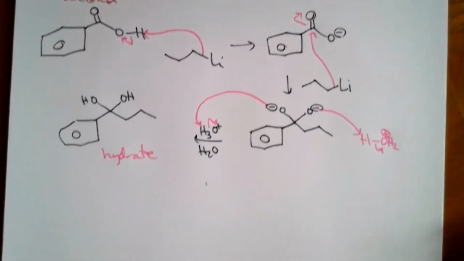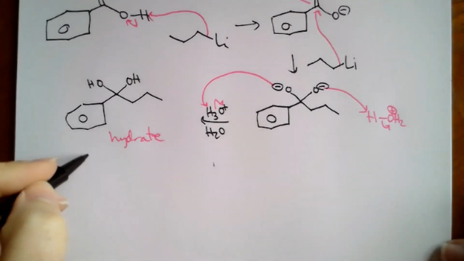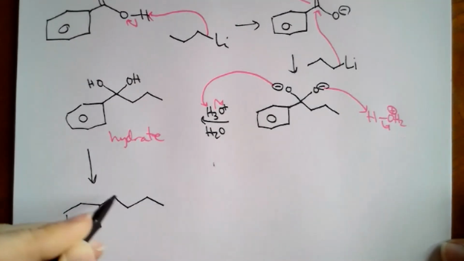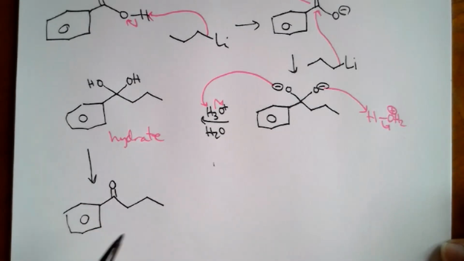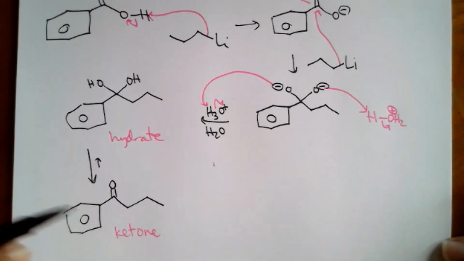Hydrates are things that exist commonly, but they're always in equilibrium with the ketone version. I said that in a weird way, I know. The hydrate is always in equilibrium with the carbonyl version of the same molecule. Equilibrium generally favors formation of the ketone.